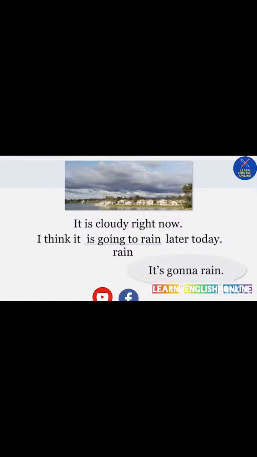Gonna is going to, but only when we talk. We never write it like this. It's incorrect. But when you hear people talk about the future, often they reduce or make going to shorter, and it sounds like gonna when we talk.